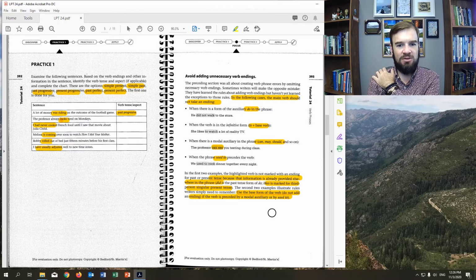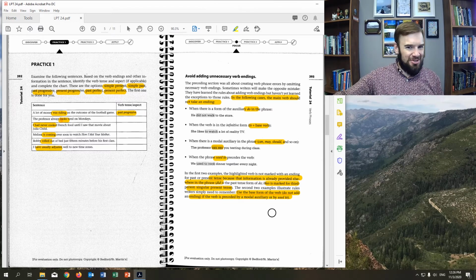Did is the past tense form of do. Likes is marked for third person singular present tense. The second two examples illustrate rules where writers simply need to remember you use the base form of the verb. Do not add an ending if the verb is preceded by a modal auxiliary or by used to.